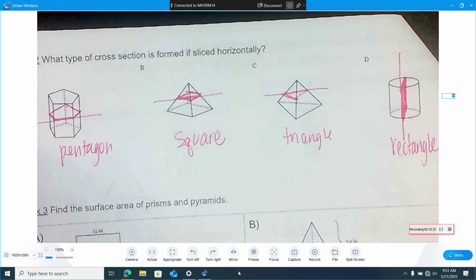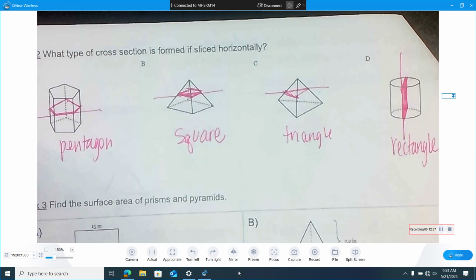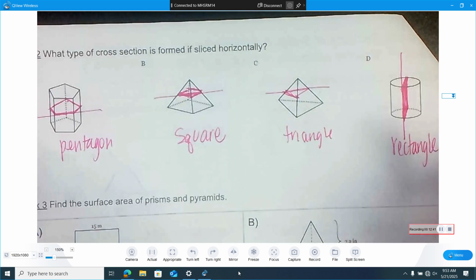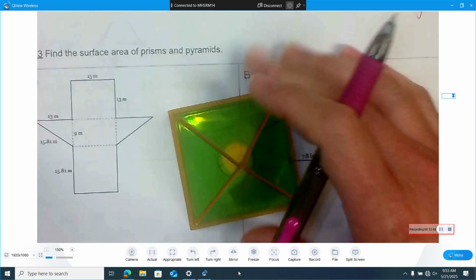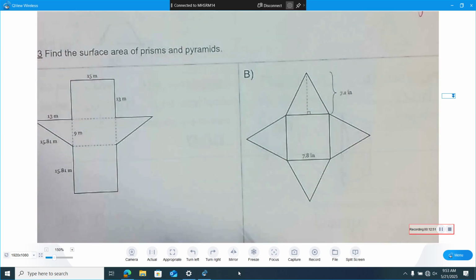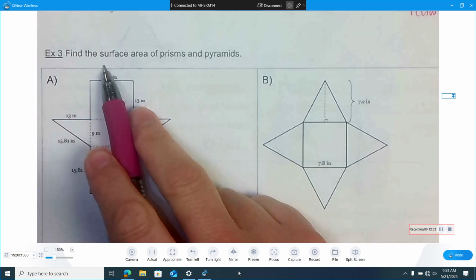So be careful as you're reading through these questions. They are going to ask you some different things. They're going to say, is it perpendicular to the base or parallel to the base? So read carefully. So when we have these three-dimensional figures, we need to be able to calculate the surface area.